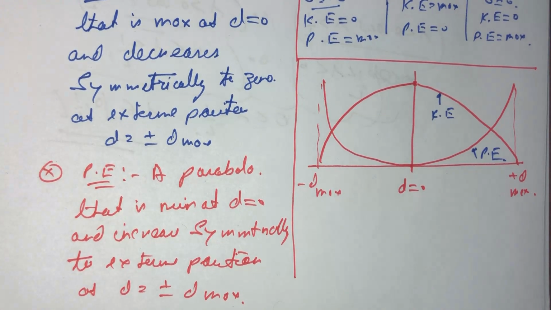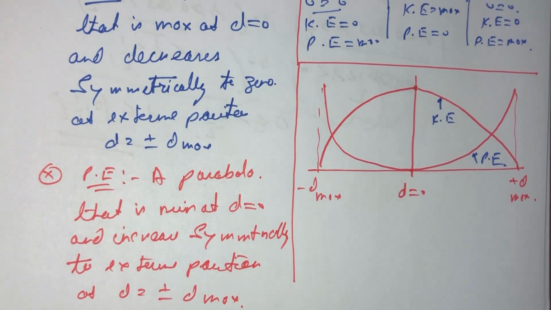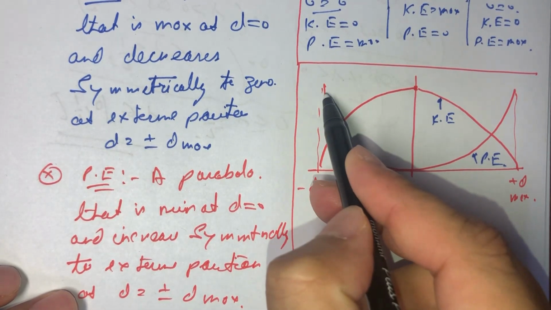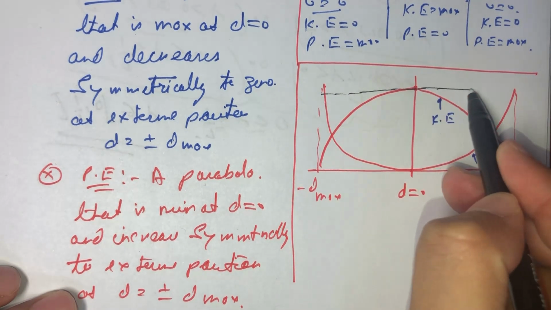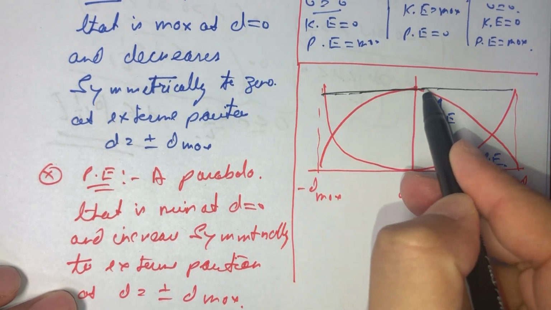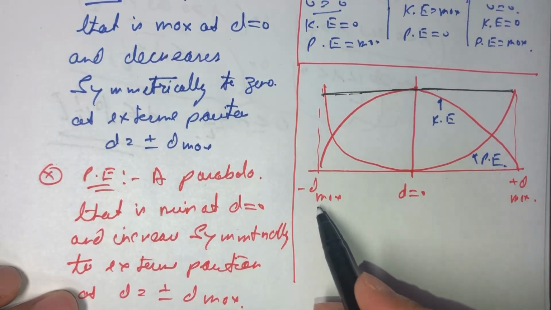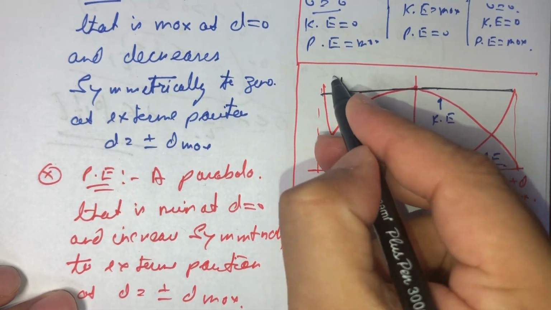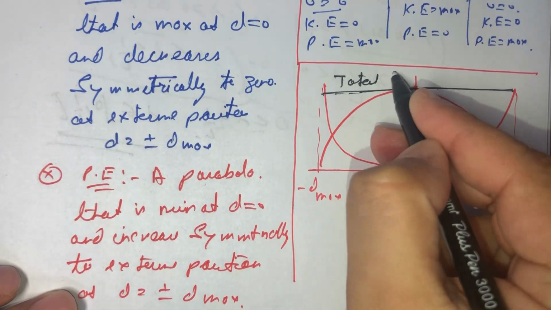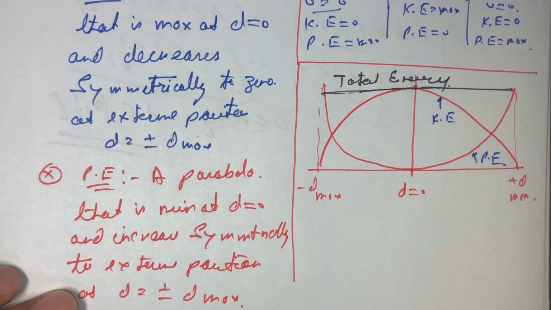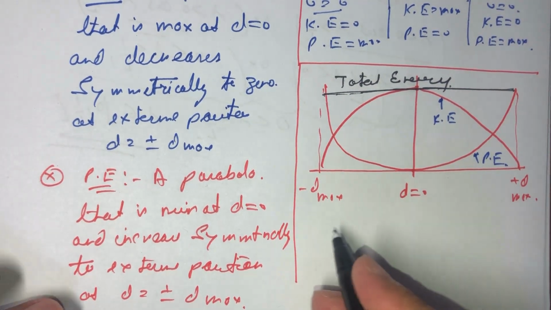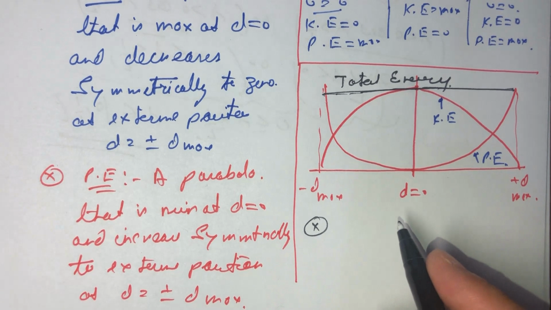And in case we can also draw the total energy, which will be represented this way. It is a constant from one maximum position to the other maximum position. So this is our total energy. From here we can write about total energy.